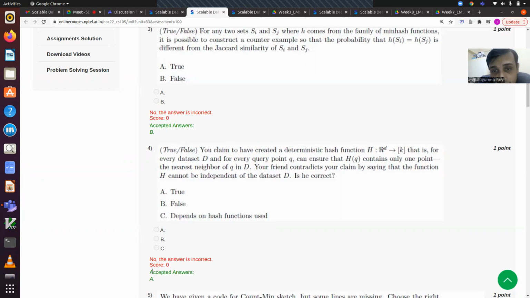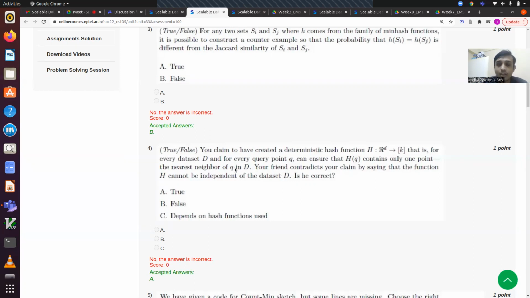If it is independent of the dataset D, then that means that for any dataset, it always maps the query point to only the nearest neighbor in the dataset. Right? So here's a thought. Let's say we have a deterministic hash function. So the hash function is fixed, right?